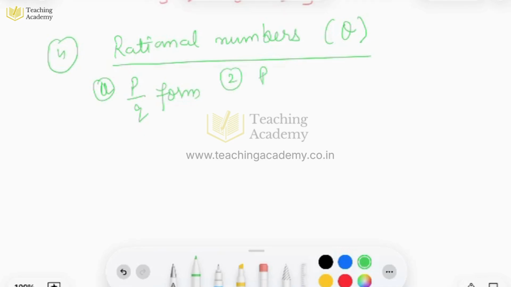Second thing is P and Q are going to be the integers. And third condition, that Q, the denominator, is not going to be equal to 0. So those are called rational numbers.